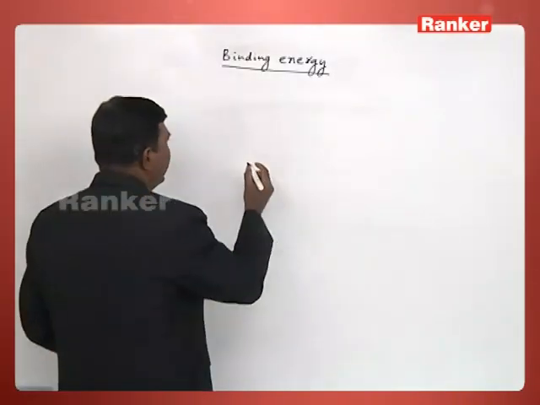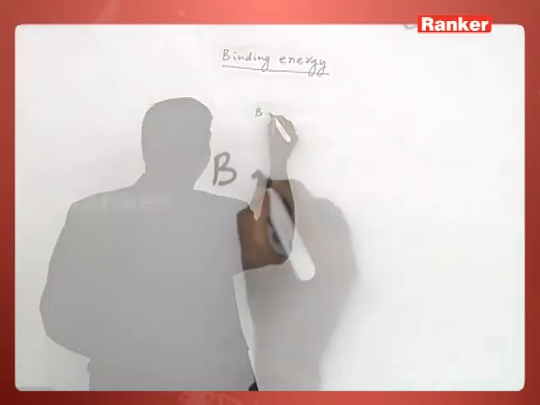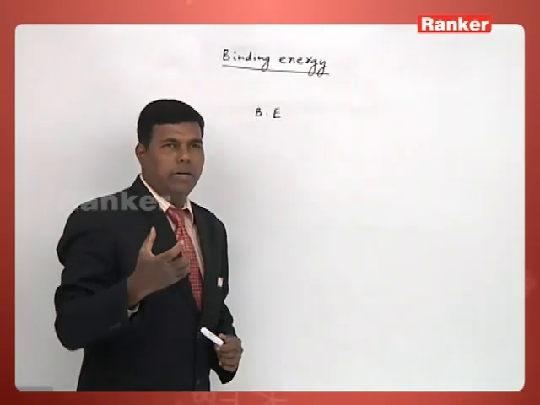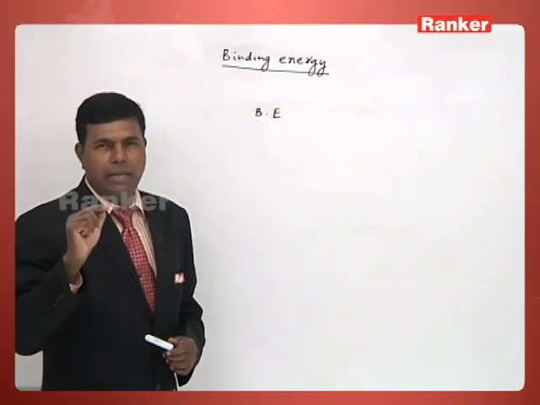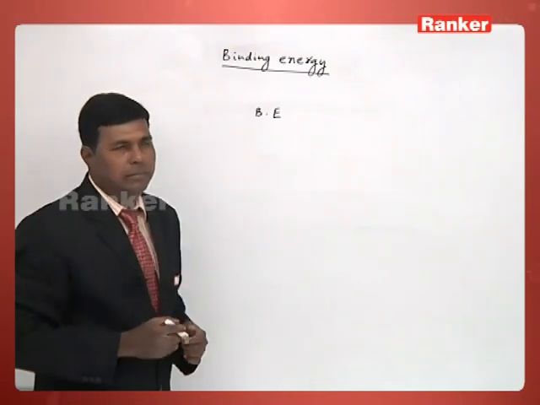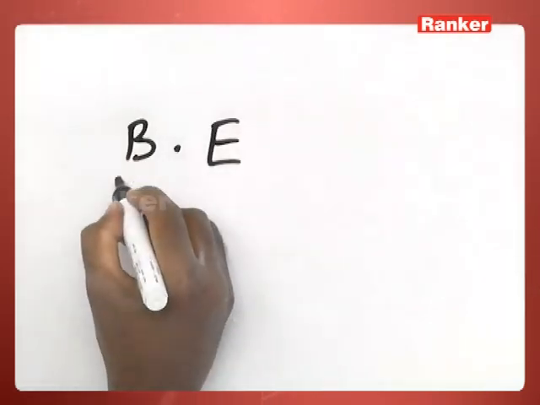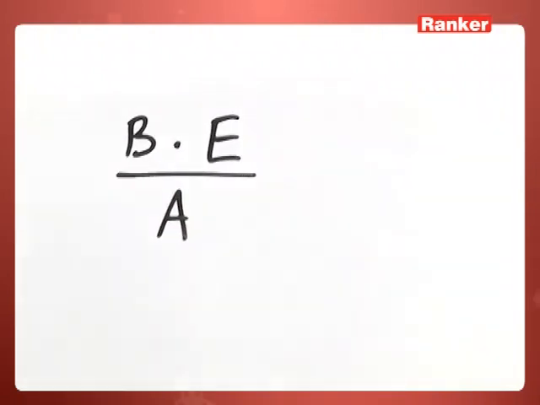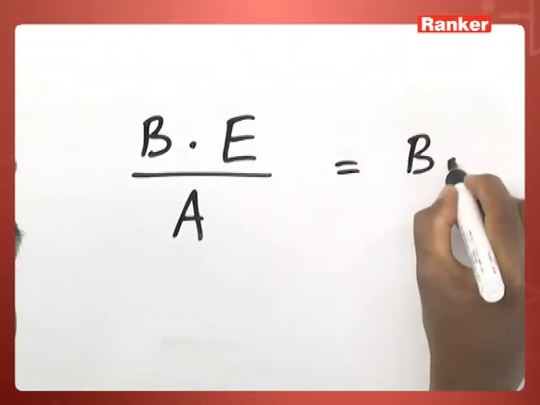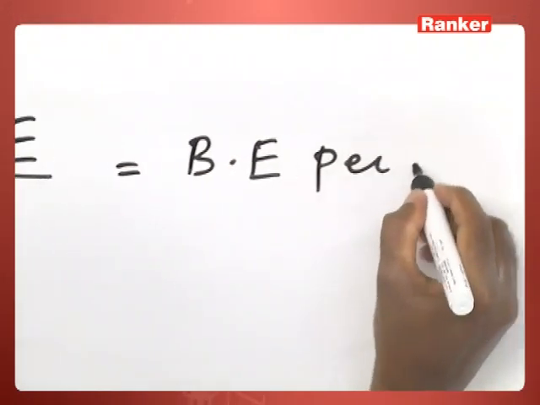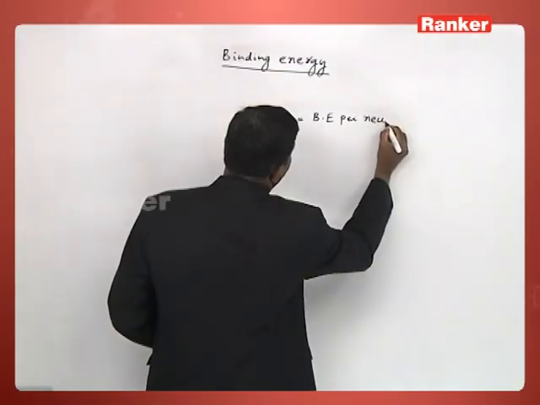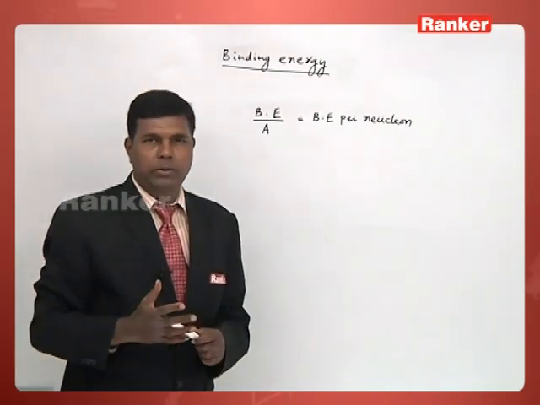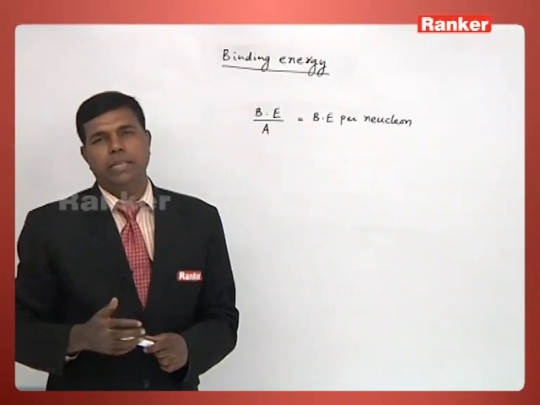For example, if the binding energy of a nucleus is represented by Be, and the number of nucleons is represented by A, where A stands for the mass number, then if you divide binding energy by the number of nucleons within the nucleus, we get the binding energy per nucleon.